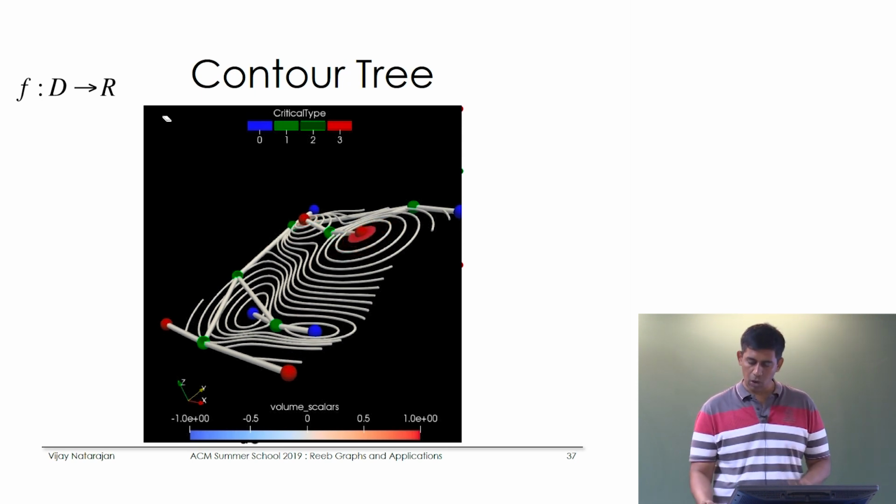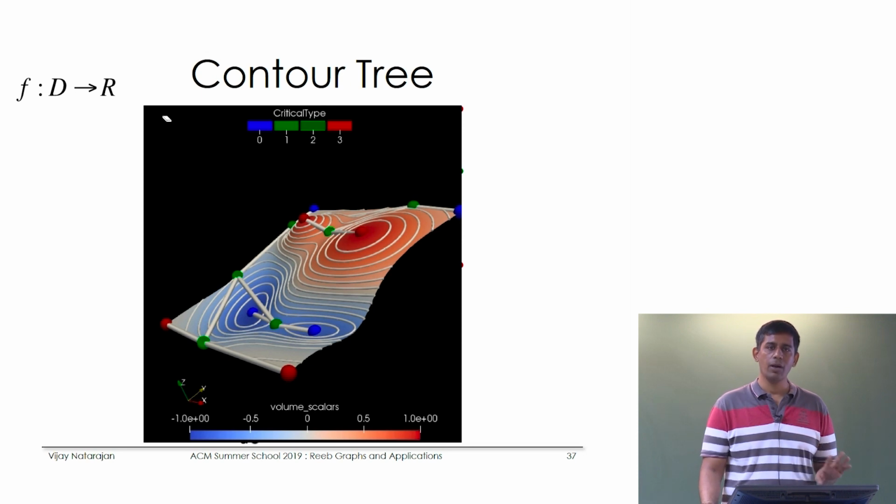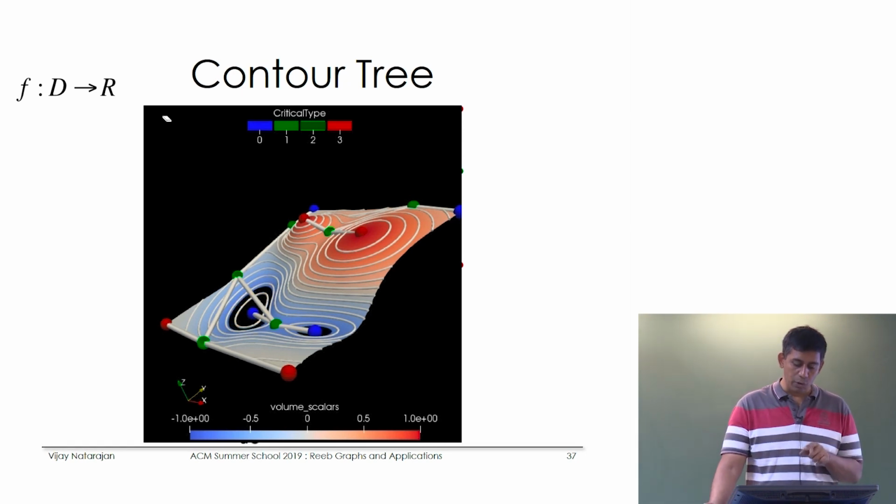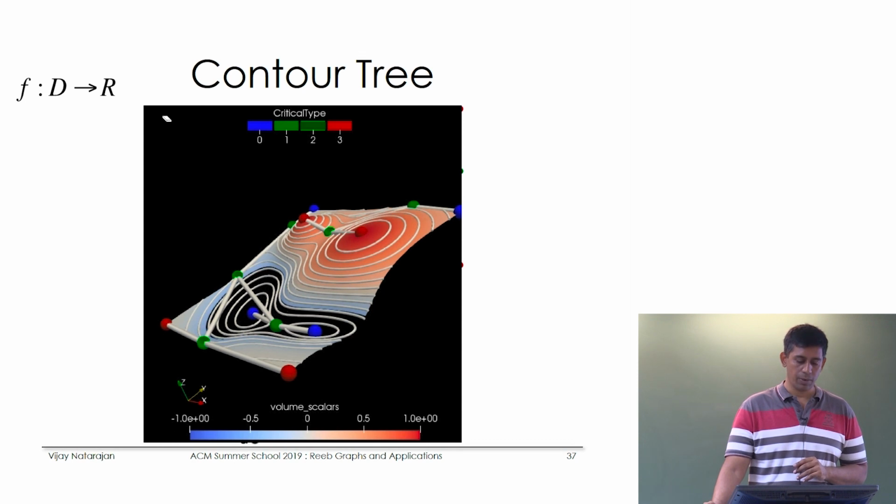So, this is also the same as your Reeb graph. But each connected component, so right now you have two components, each component is individually referred to as a contour, and hence we call this a contour tree.